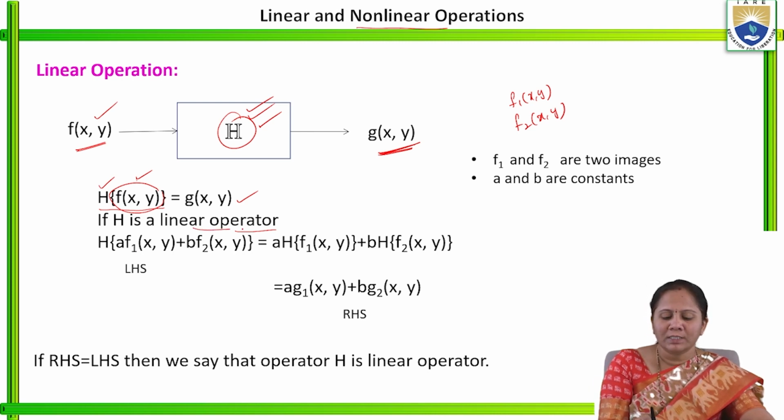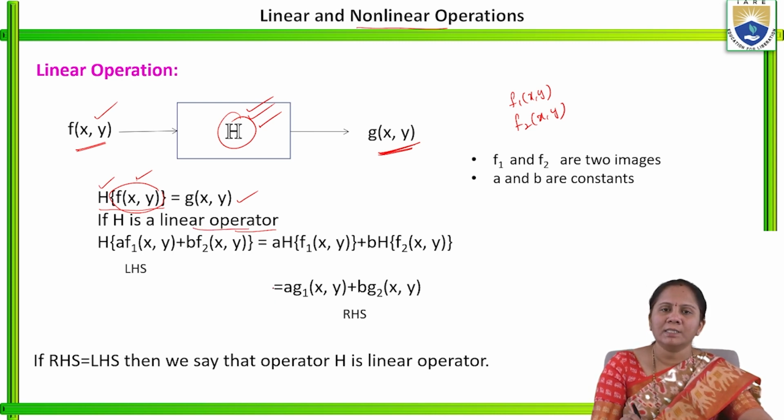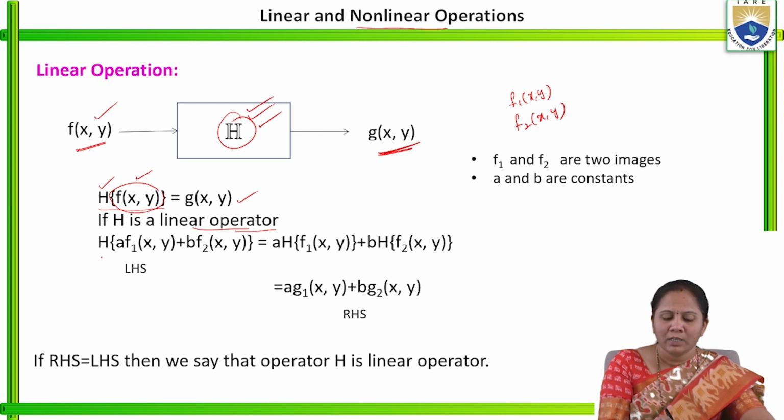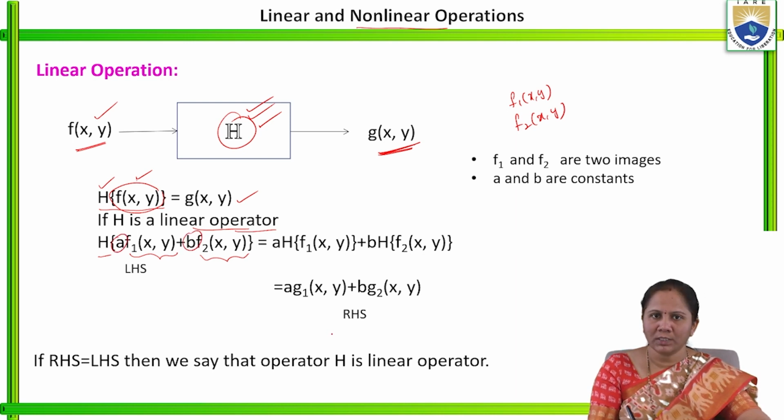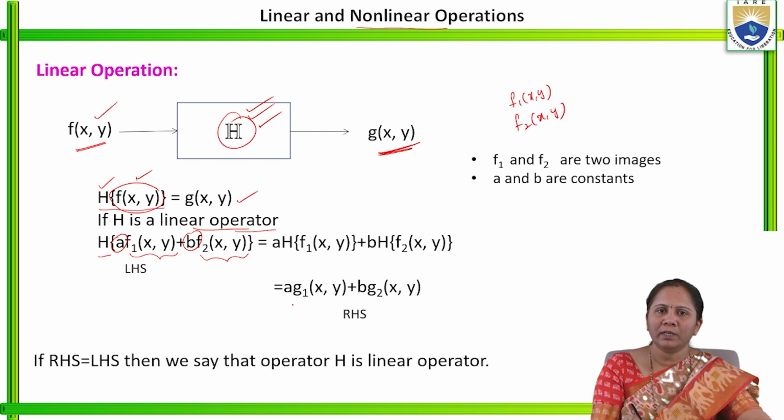Now, considering h as a linear operator, h of a into f1 of x comma y, that is the first image, plus b into f2 of x comma y. Here we can observe a and b, those two are constants. This equation can be written by applying the linearity principle. We can write this as a into h of f1 of x comma y plus b into h of f2 of x comma y.